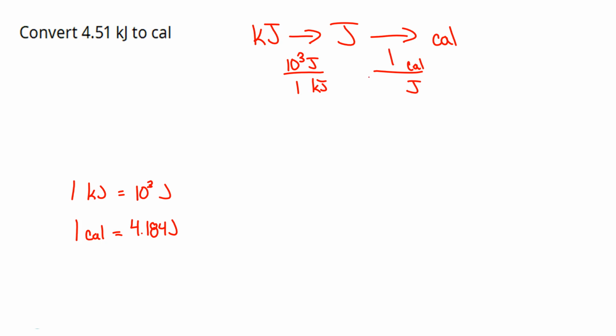So 1 calorie is 4.184 joules. Now plugging in information, I have my given 4.51 kilojoules. That cancels kilojoules. Here, that cancels joules. And my answer is going to be in calories.